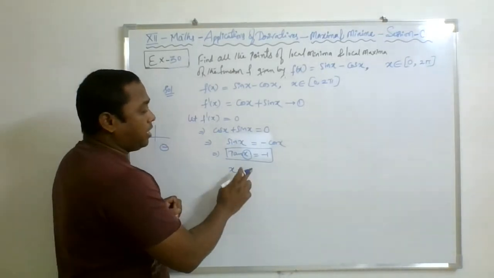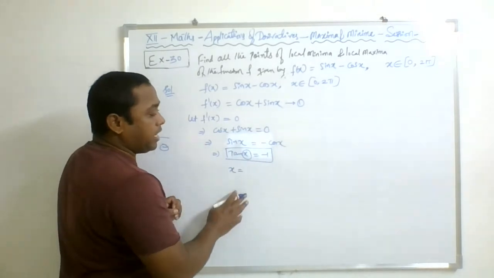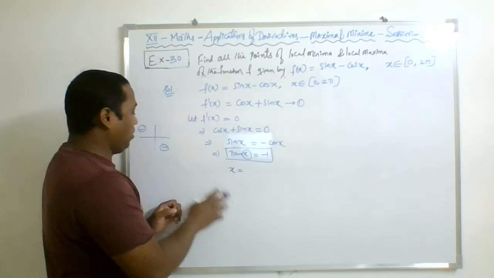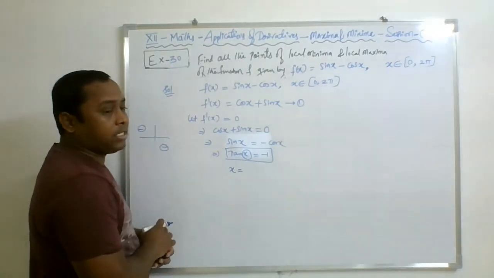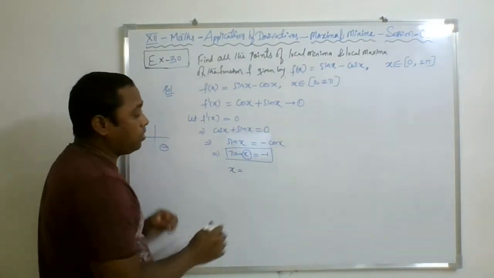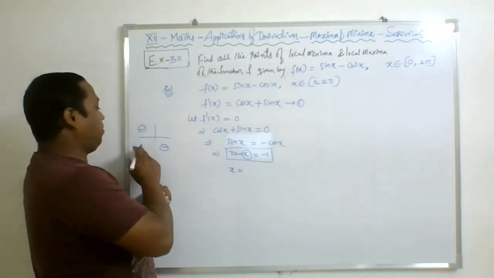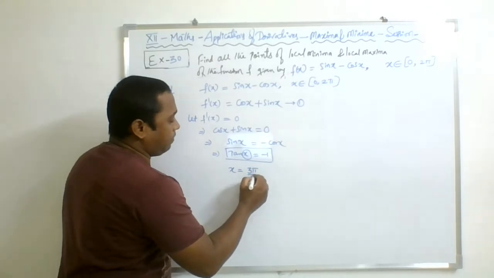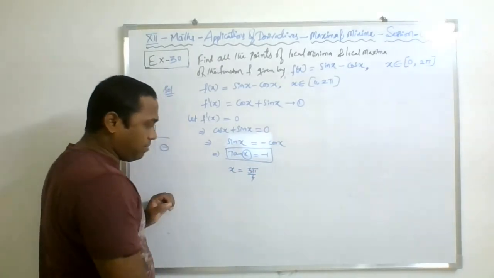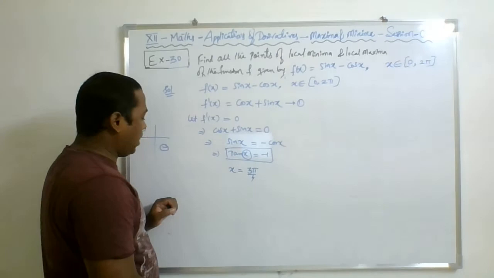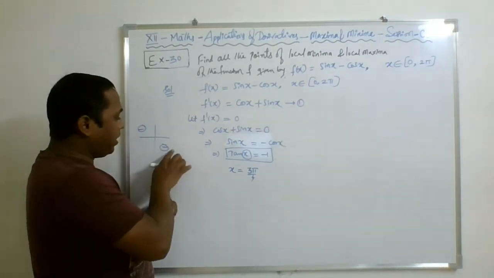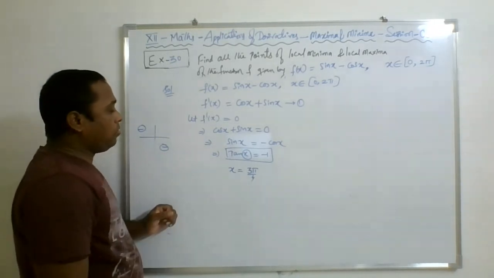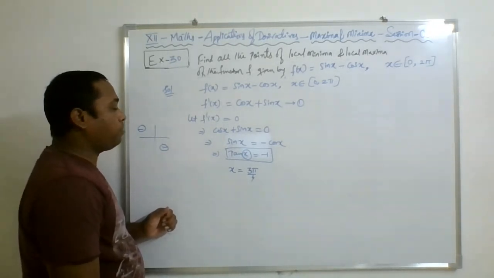Hence, the angles where tan x attains minus 1 are pi minus pi by 4, that is 3 pi by 4, and 2 pi minus pi by 4.